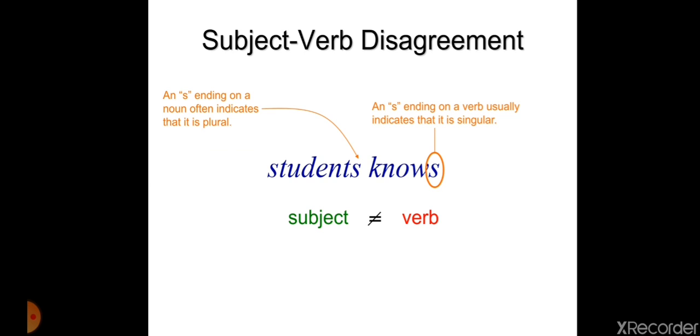An s ending on a noun often indicates that it is plural, so a plural verb should be together. A plural verb alone will agree with its plural subject. So, students know must be there. Here, an s ending on a verb usually indicates that it is singular, so it is not in agreement.